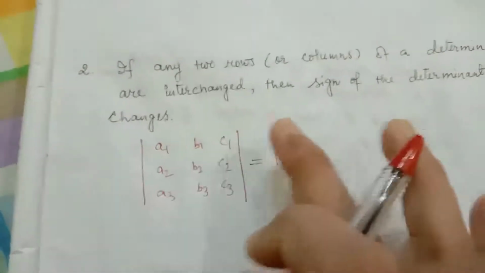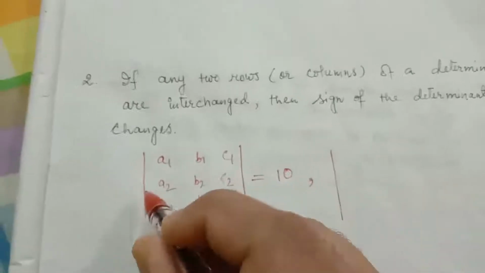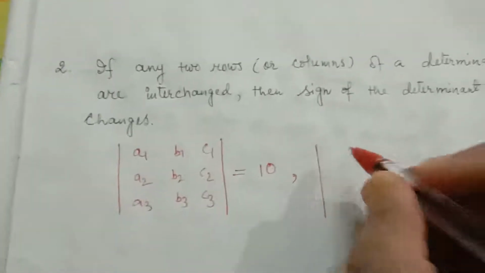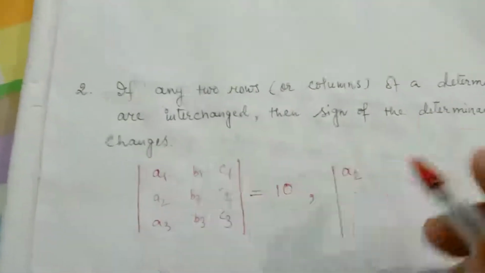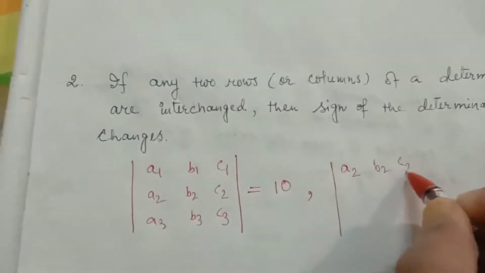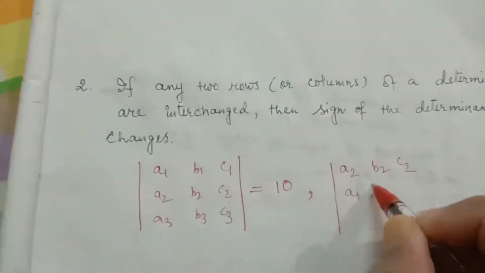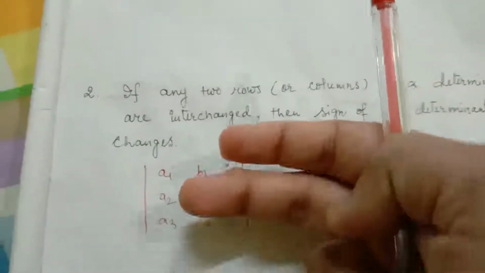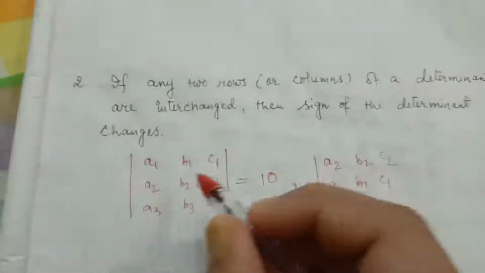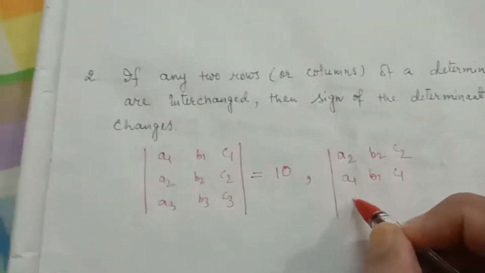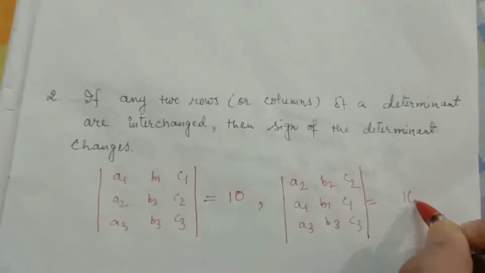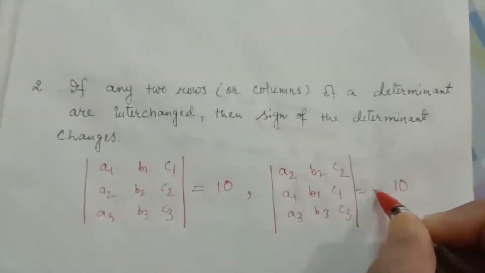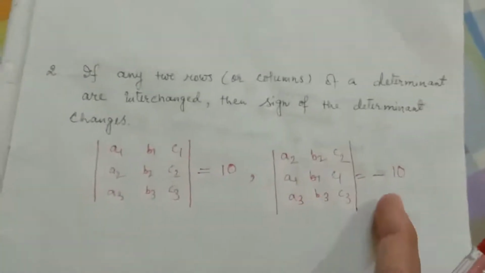Now if we interchange the first and second rows, writing the second row in the position of the first row and the first row in the position of the second row, that is, R1 and R2 are interchanged, its value will be the same, 10, but its sign will change. So the value of this determinant will be minus 10.